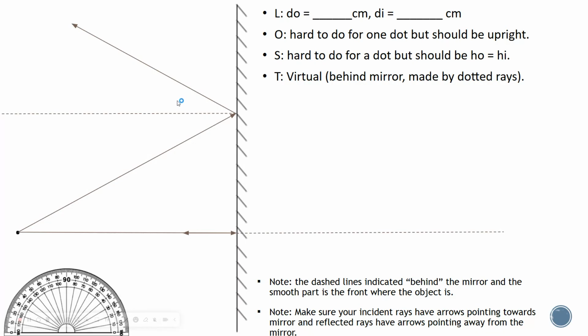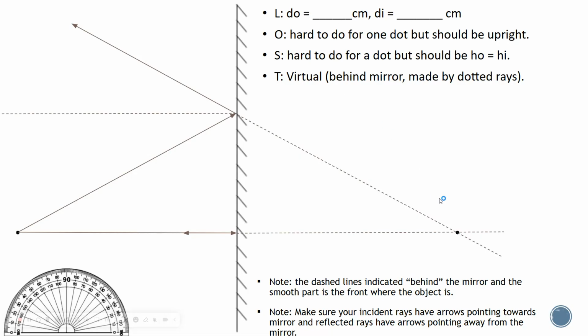Same angle here. Okay? And then, because this is my reflected ray, I'm going to draw the trace back ray as an extension of the reflected ray, all the way behind. And notice that here, where those trace back rays intersect, that is where the image is. That's where the dot is going to end up.